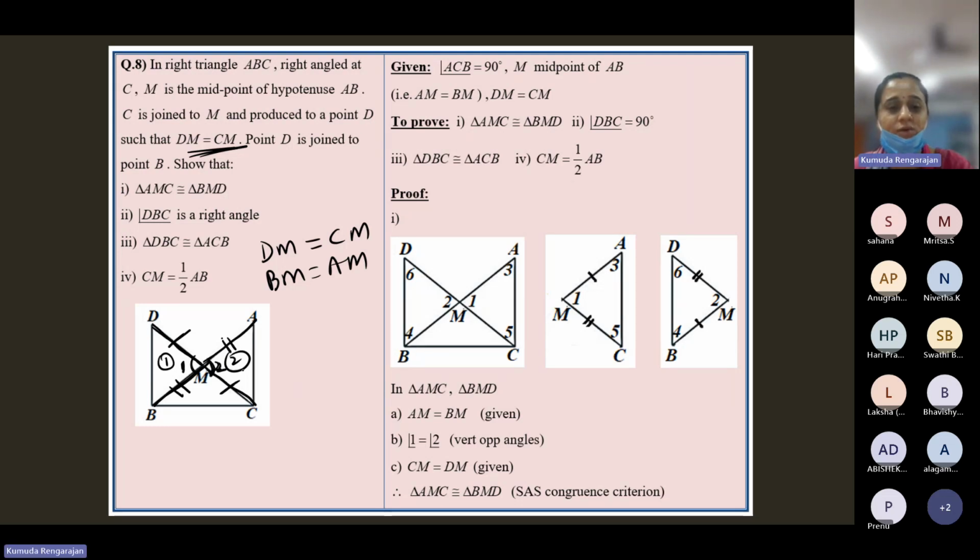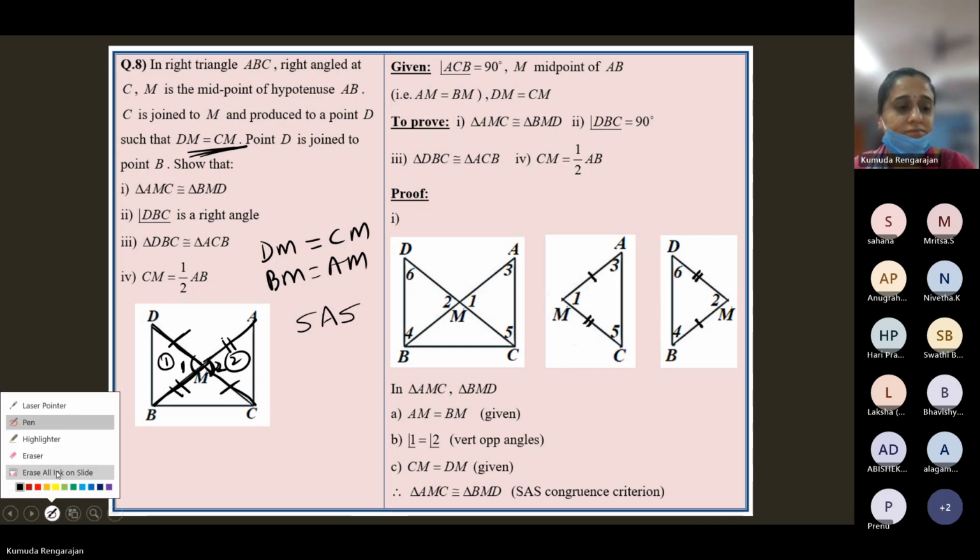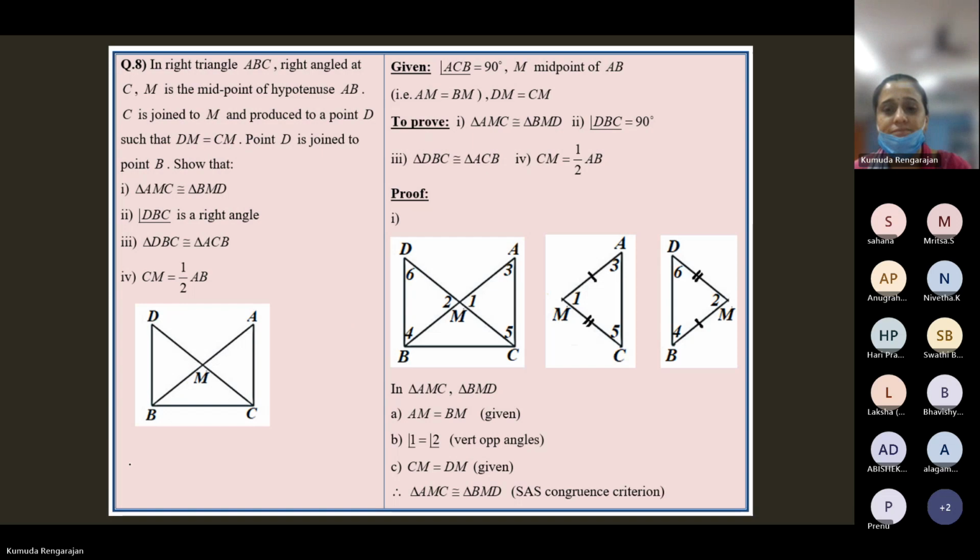Angle 1 is equal to angle 2, vertically opposite angles are equal. So this makes SAS, two sides and the included angle. By the SAS congruence criterion, the two triangles are congruent to each other. Correct? Yes or no, children? Understand? Yes, ma'am.